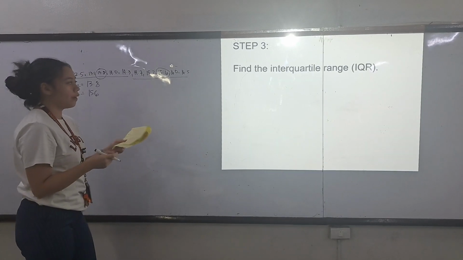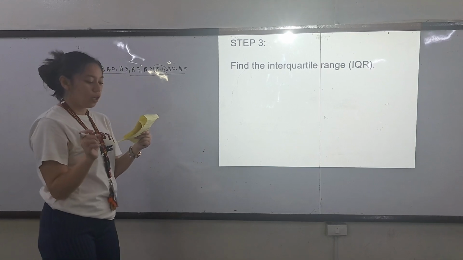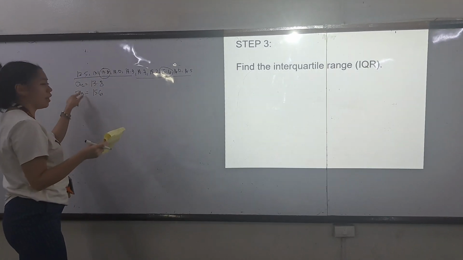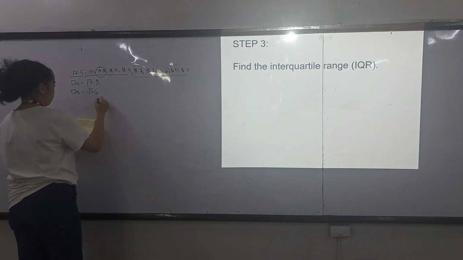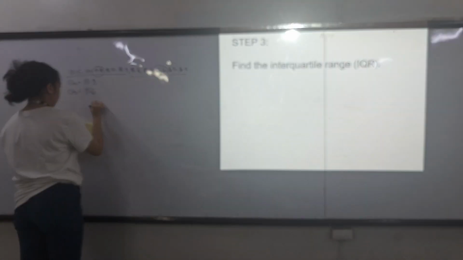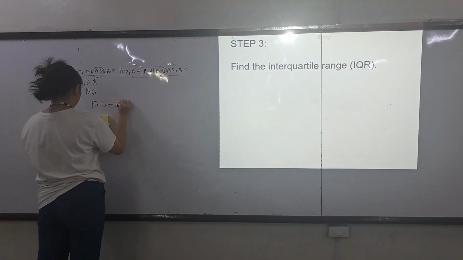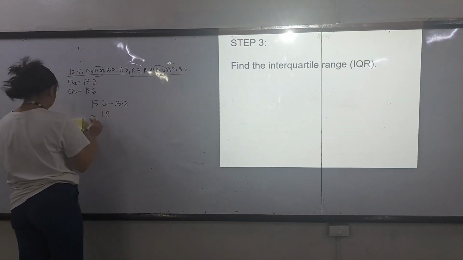To find the interquartile range, we just need to subtract the value of the first quartile from the third quartile. So 15.6 minus 13.8 equals 1.8.